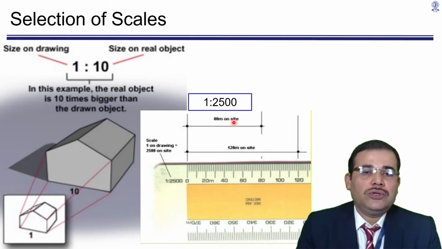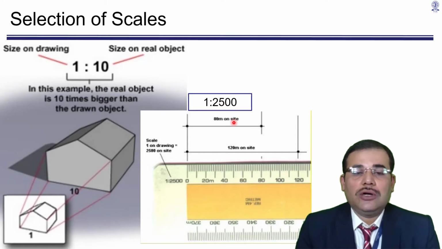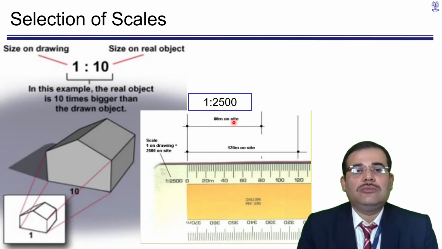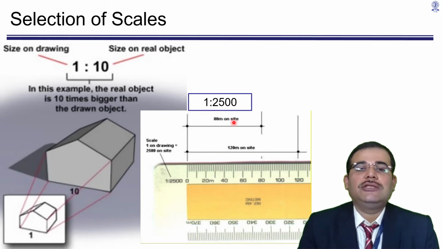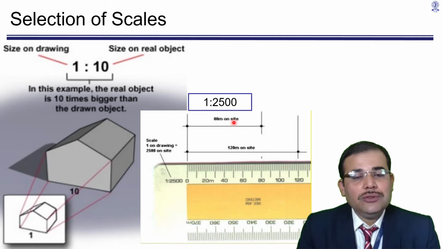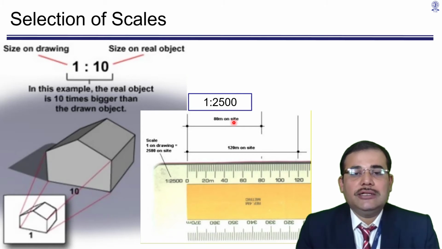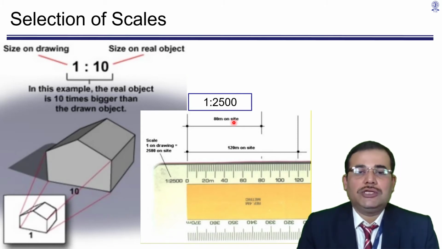Basically 1:10 is one of them, then 1:100, 1:50. In most of the drawings, those submission drawings, residential bungalows or any small commercial buildings, we mostly prefer the scale as 1:100. When you are going to indicate any details, then you can go for 1:10 or 1:25 or 1:50.